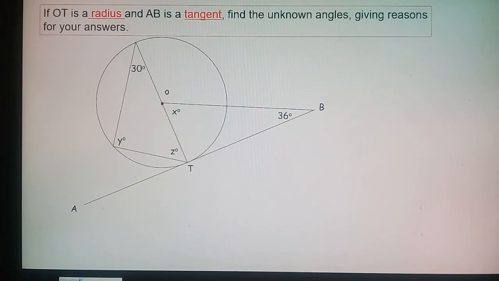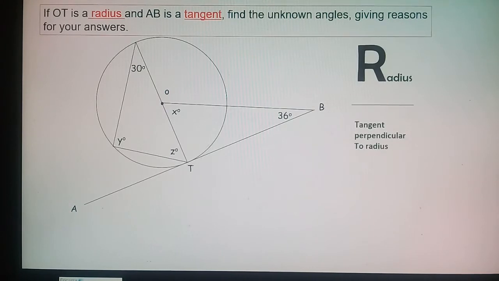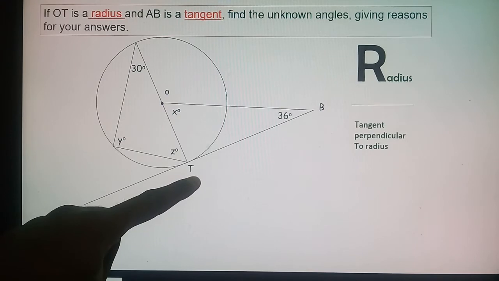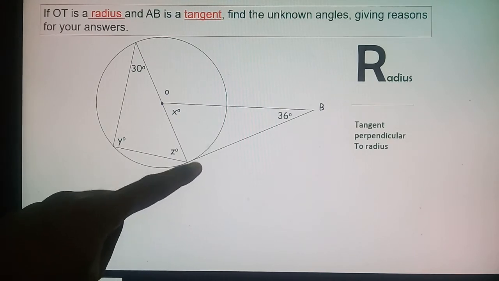Now we talked about radius. What do we know about the radius? Remind yourself from Dr. Cape Town. They say the tangent is perpendicular to the radius. What tangent do we have there? We have our tangent AB, and this is our radius OT.